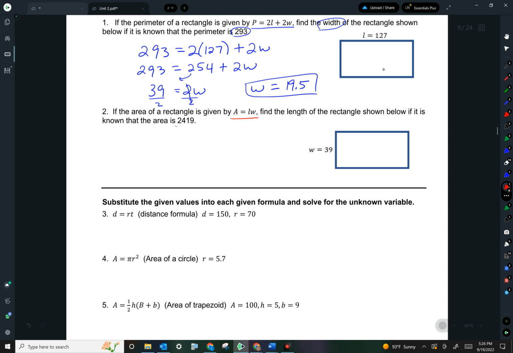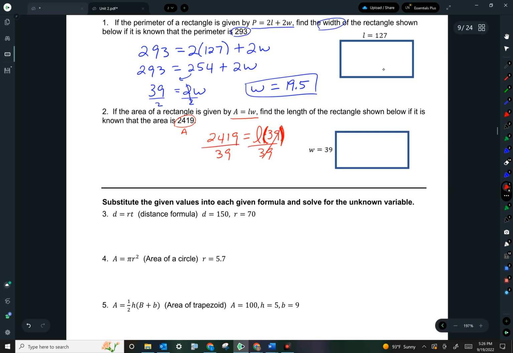So again, I'm going to plug this in for my A. So I'm going to say 2,419 equals L, which I don't know, times W, so times 39. And maybe a better way to say times 39 would be to put the 39 in parentheses.